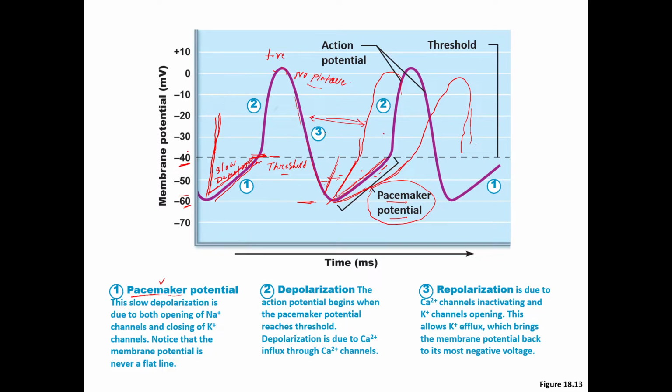There is a condition called fight or flight response. Your heart rate increases, right, due to adrenaline secretion and sympathetic activation. In that case, the pacemaker potential gets faster, so the interval gets shorter and heart rate increases.